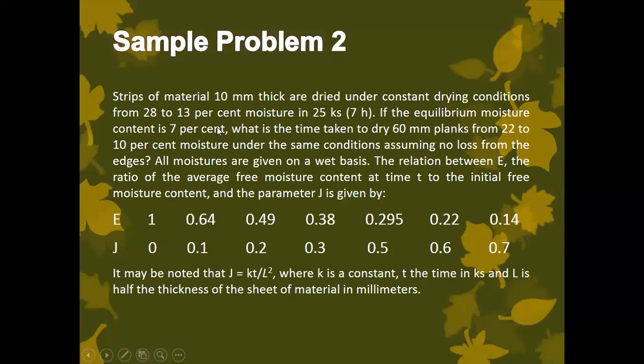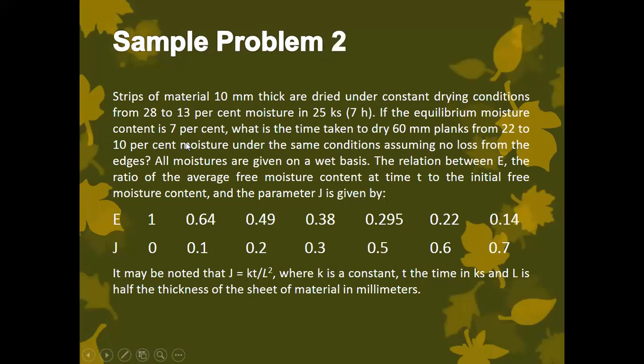Now, problem number 2 concerns strips of material 10 mm thick, which is to be dried under constant drying condition. Constant drying condition implies that the condition for pressure and temperature is fixed, from 28 to 13% moisture for a duration of 7 hours, or that's 25 kiloseconds.